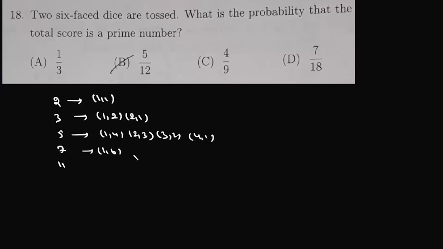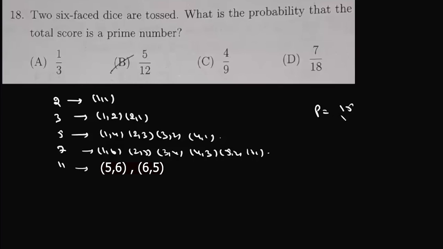It'll be 7 from (1,6), (2,5), (3,4), (4,3), (5,2), (6,1), and 11 when it is (5,6) or (6,5). Now this is 1 plus 2 is 3, plus 4 is 7, plus 6 is 13, 14, 15. The total number of favorable cases is 15. So this probability will be 15 divided by the total number, which is 36. Now this is 5 by 12, and that's your option B.